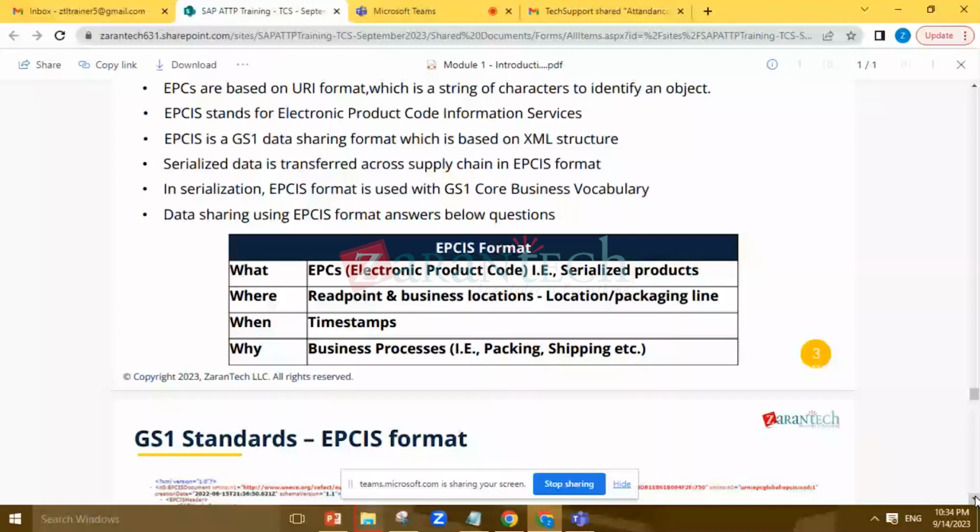The business process is receiving. When you are dispatching, the business process is shipping. When you are packing, the business process is aggregation or packing. In the EPCIS file, all these things will be mentioned. In this way, you will come to know the what, where, when, and why. Let me show you one sample file.